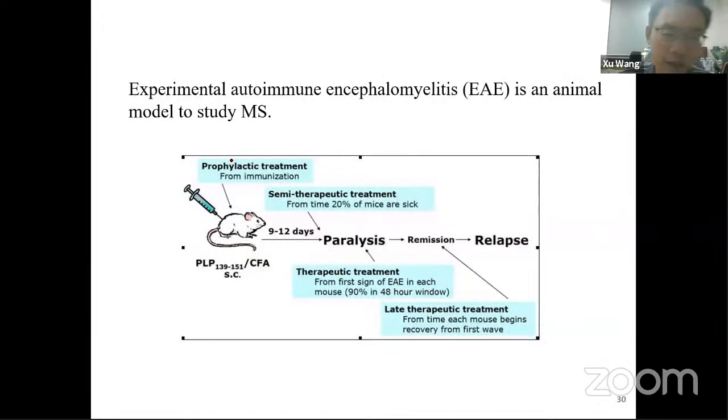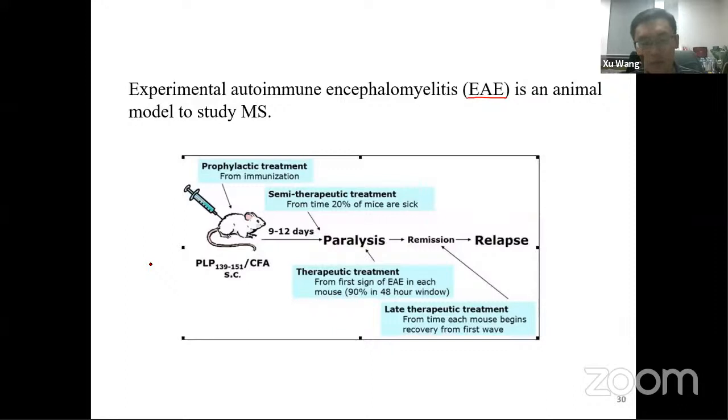So to study MS, we use the animal model of experimental autoimmune encephalomyelitis, or EAE. This is an animal model for MS. To induce EAE, we inject a peptide into the mouse. This peptide mimics the myelin sheath in the central nervous system.